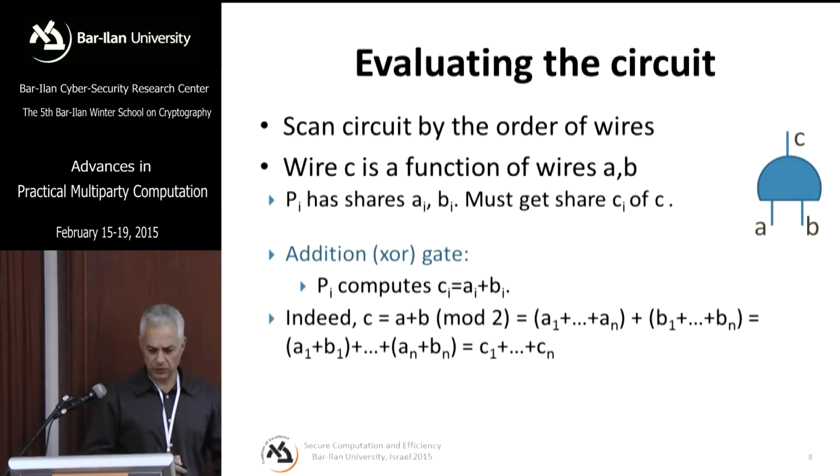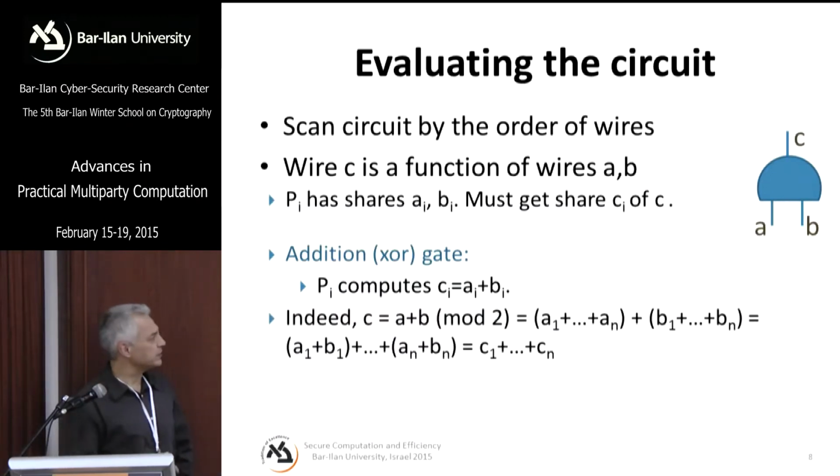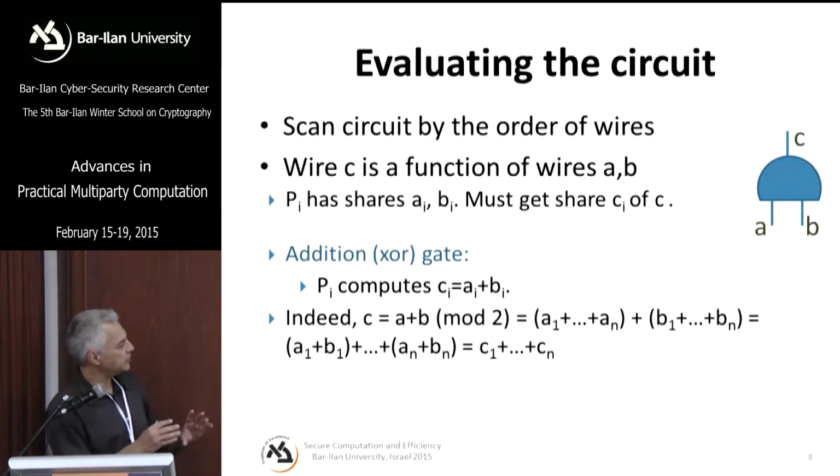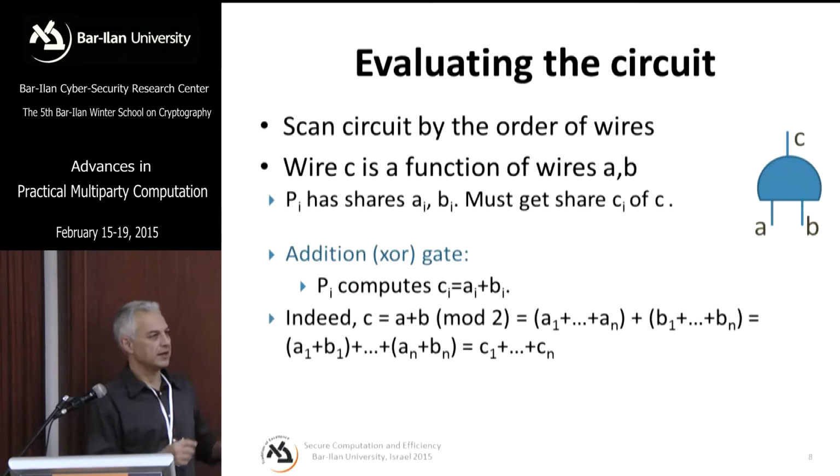And why does this work? This gate computes addition modulo 2, so C equals A plus B modulo 2. A is the sum of its shares, A1 up to An. B is the sum of its shares, B1 up to Bn. So we just reorder the elements and put parentheses over each pair.